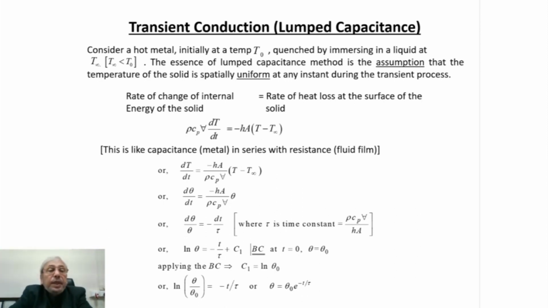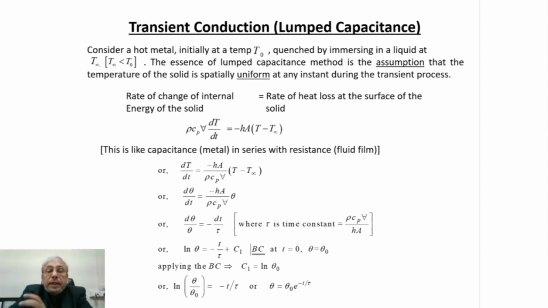Now T infinity is less than T0. The essence of the lumped capacitance method is the assumption that the temperature of the solid is spatially uniform at any instant during the transient process of cooling.